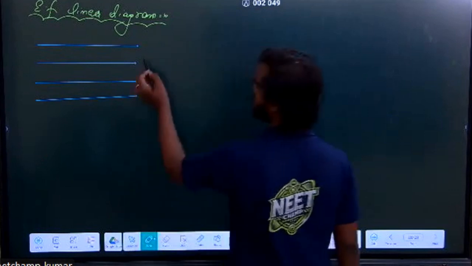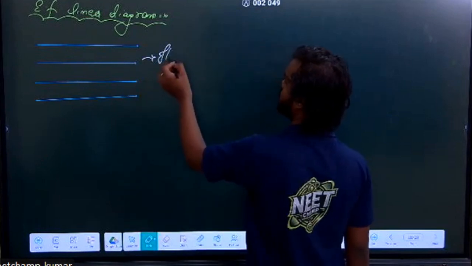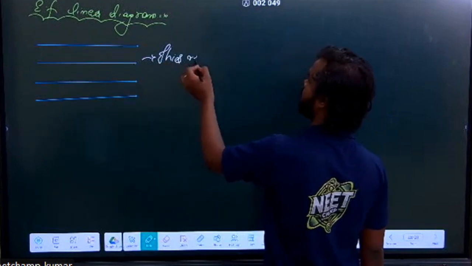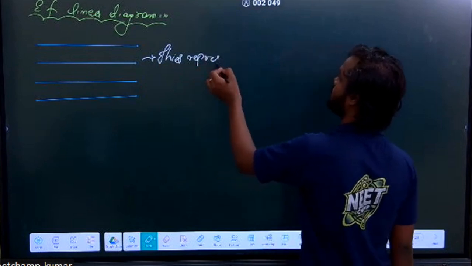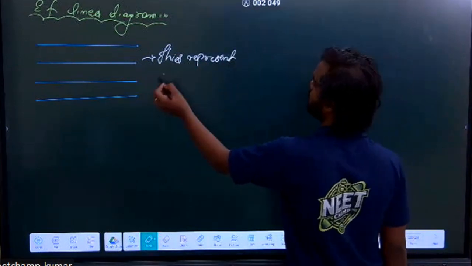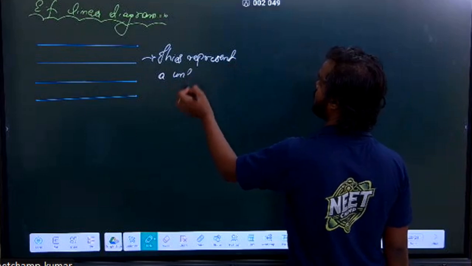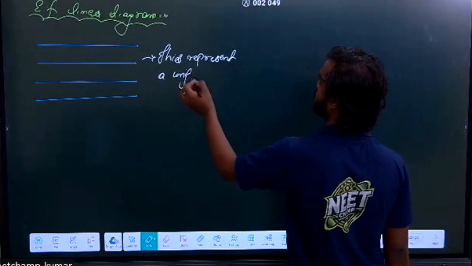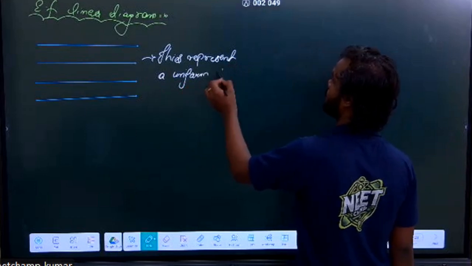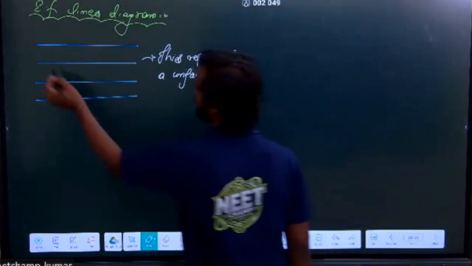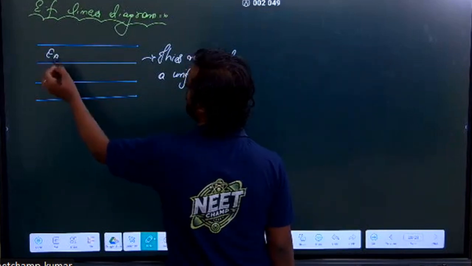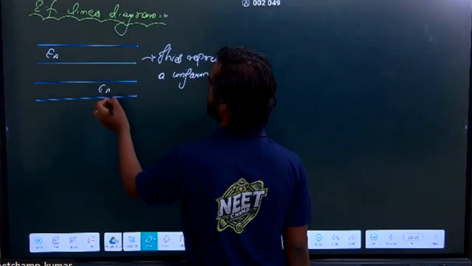This represents a uniform electric field. What do you mean by uniform electric field? Suppose I calculate the electric field at this point and I calculate the electric field at some other point.